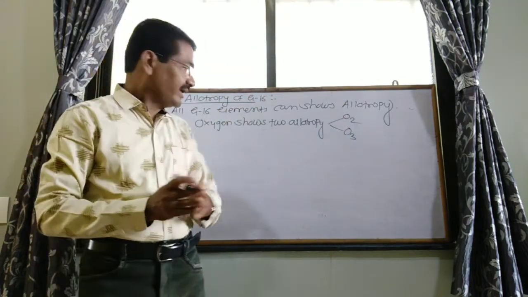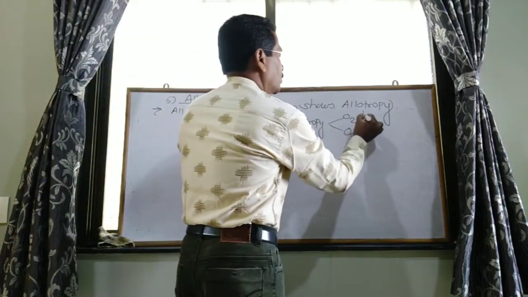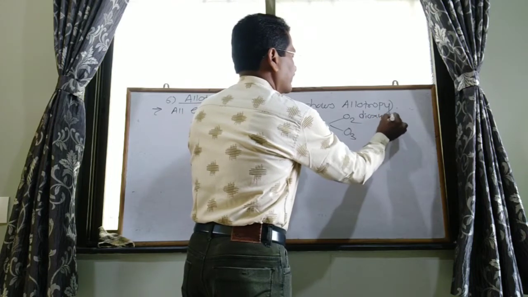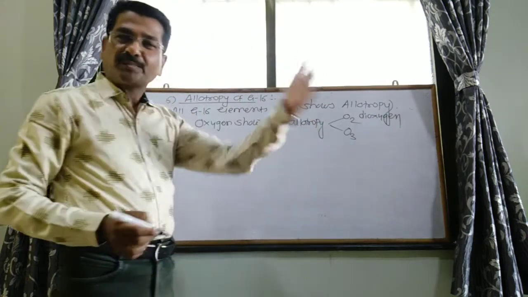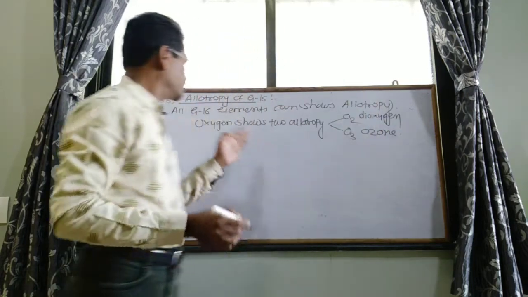In group 16, oxygen shows two allotropic forms. First is O2, that is dioxygen, and the second allotropic form is ozone.